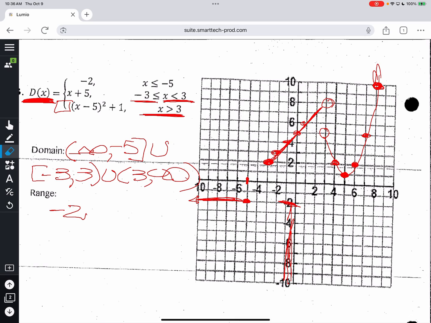Is there anything at -1? Is there anything at 0? So we can't just say -2 union positive infinity. When do we start using the y-axis again? 1 over here. And then it would be 1 to infinity. So the -2 was a fill-in.